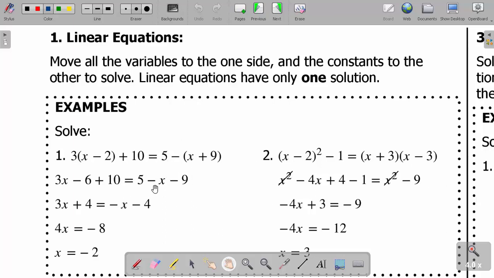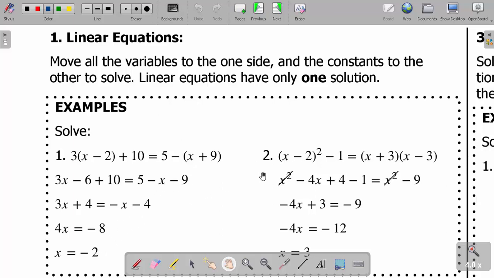So collect like terms, the minus x becomes a positive on this side. 3x plus x becomes 4x, and then here I have minus 6 plus 5, which is minus 1... then I get minus 8, which gives me, if I divide by 4, negative 2 as my answer.